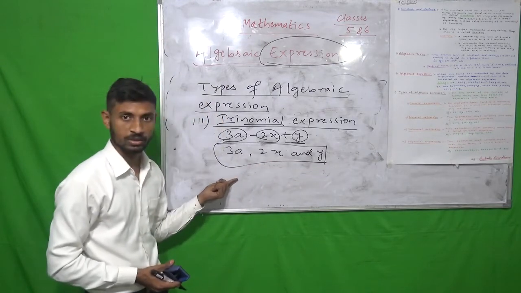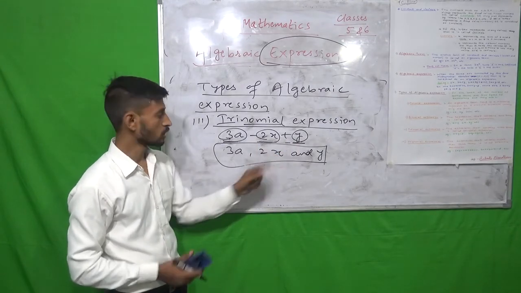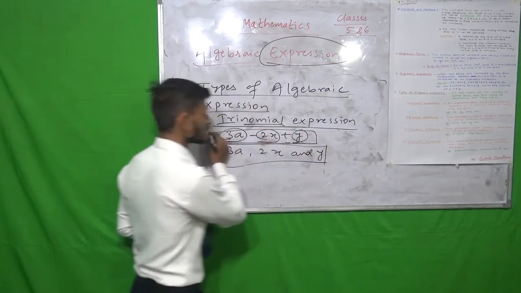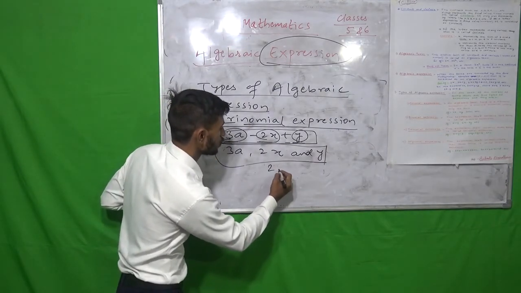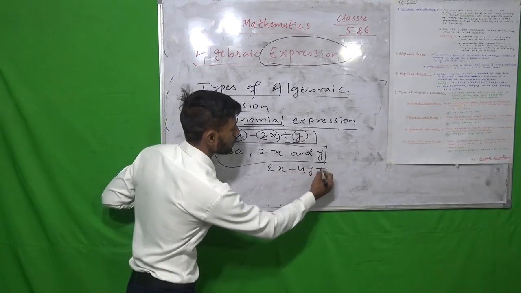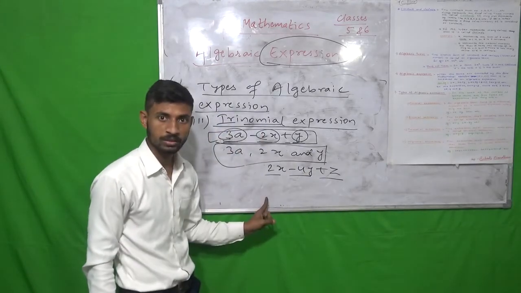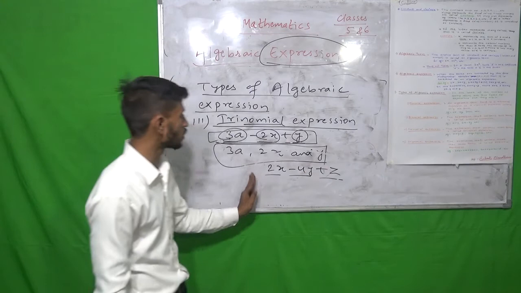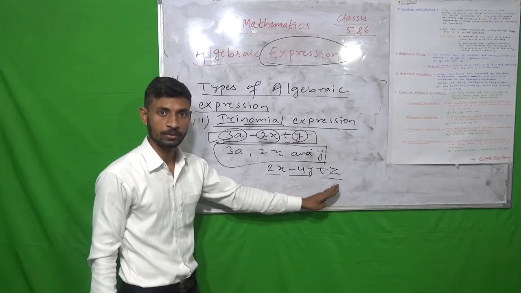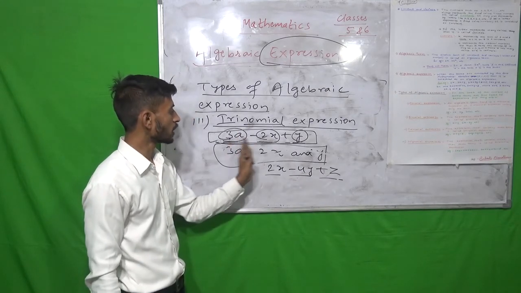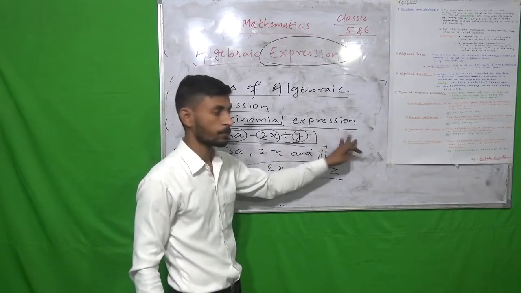These three terms are combined by plus and minus signs to make this expression, so it contains three terms. Here is another example, 2x minus 4y plus z. This expression also contains three terms. Because it has three terms, this type of expression is called a trinomial expression.